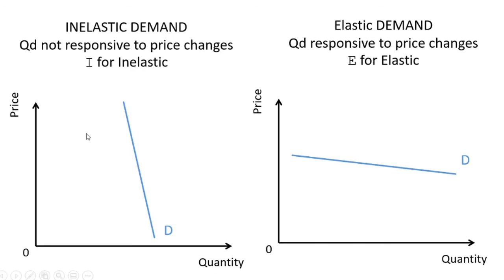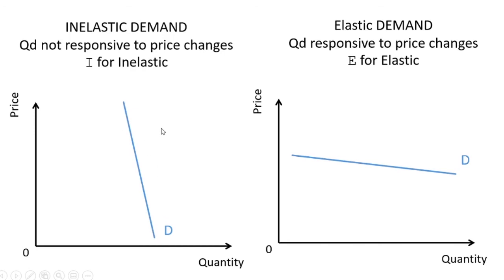Therefore, as we change our price quite a bit, we don't see very much movement in quantity demanded. This means that we've got a nice steep line here, still downward sloping, but a very steep line. And the way I remember it, it's a bit silly, but it looks kind of like an I for inelastic.